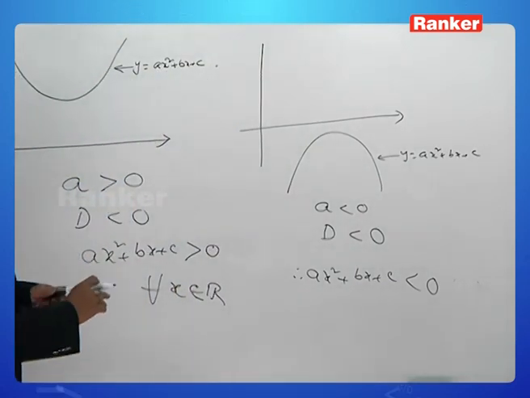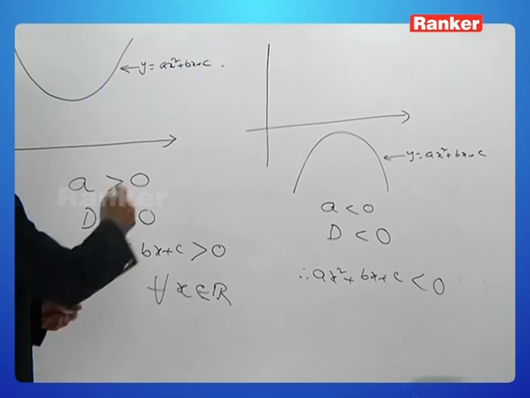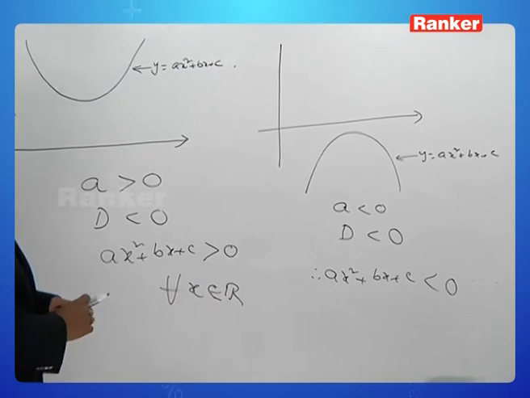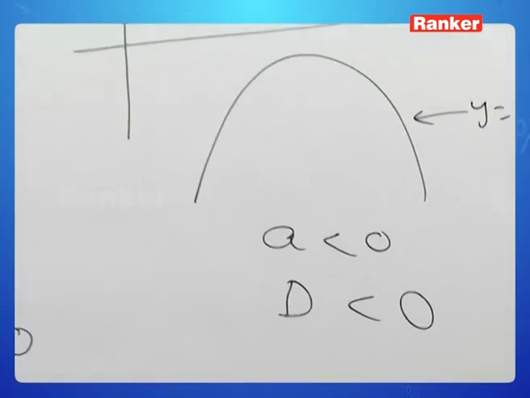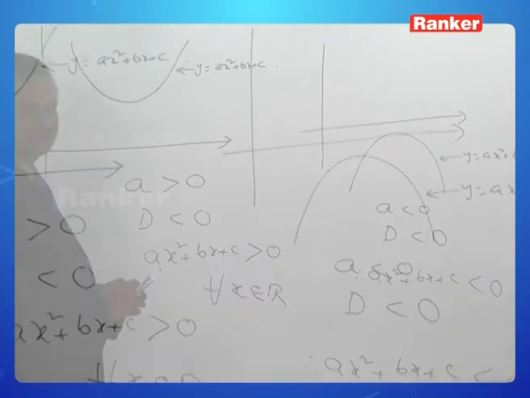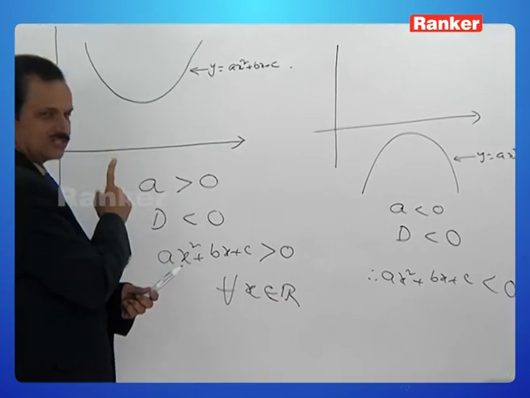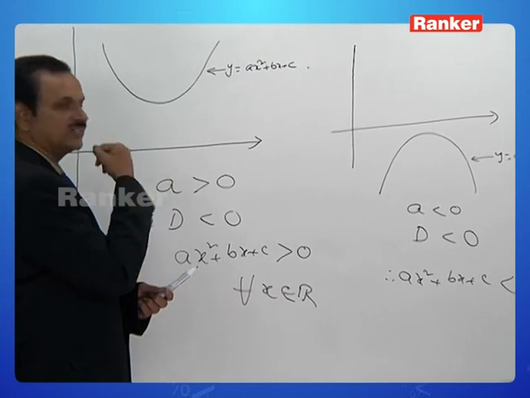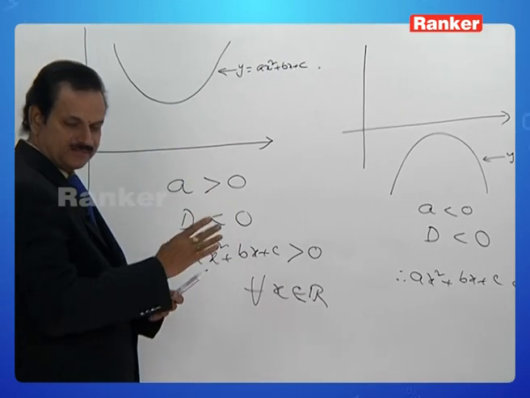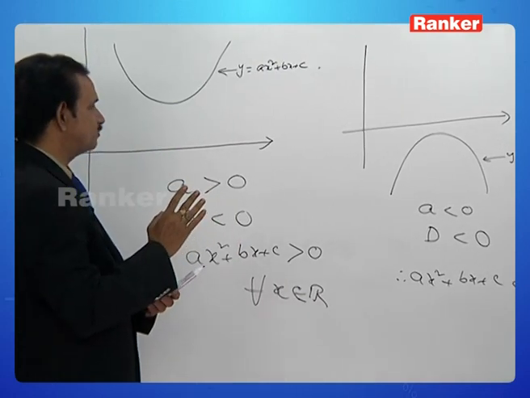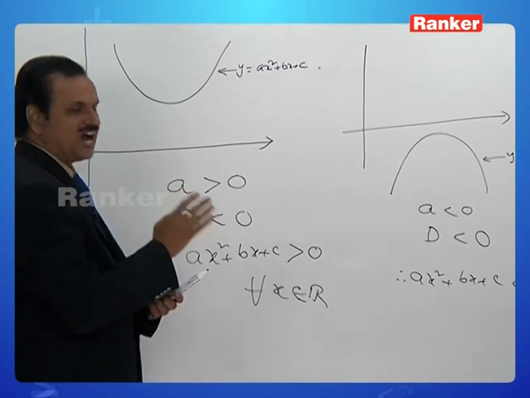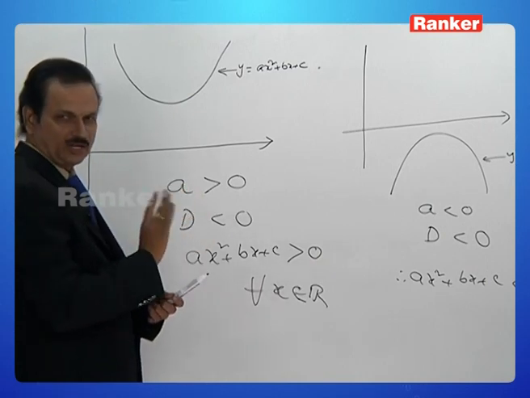Let us have a comparative study between these two graphs. In both these graphs, the common feature is the curve does not meet x-axis at all. That is, the equation ax square plus bx plus c is equal to 0 does not possess real roots at all.